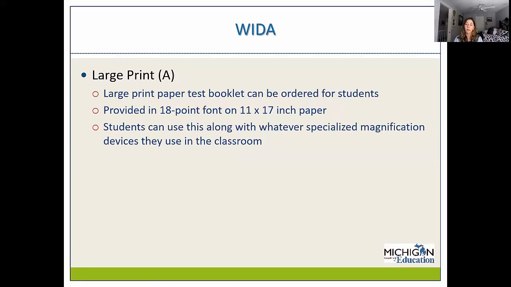There is a large print option for the WIDA assessment. This can be ordered for students. It provides students with text in 18-point font on 11 by 17-inch paper. Students can use this along with whatever specialized magnification devices they're typically using in the classroom.